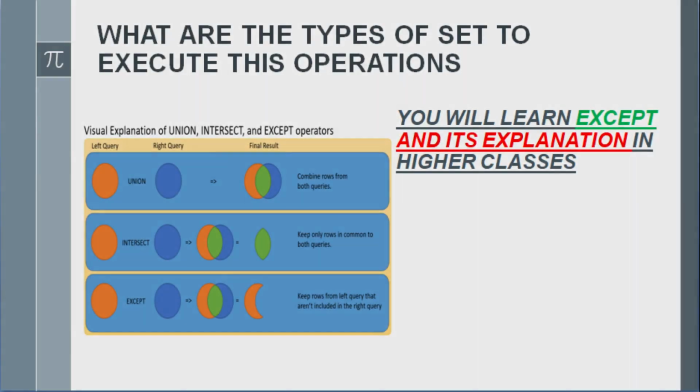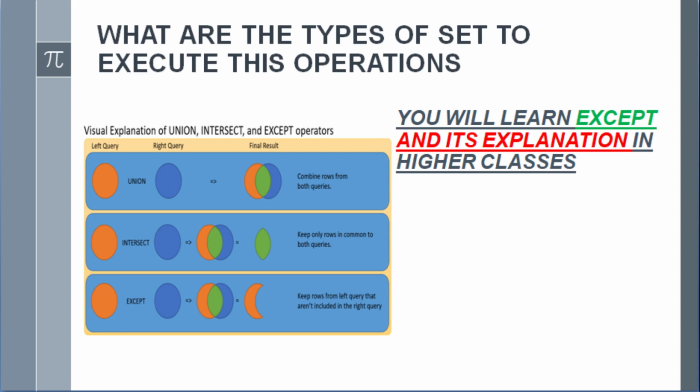Now, what are the types of set operations? As you can see in the diagram, we have considered two sets, an orange colored set and a blue colored set. So what is the union? Union means the two sets combined.